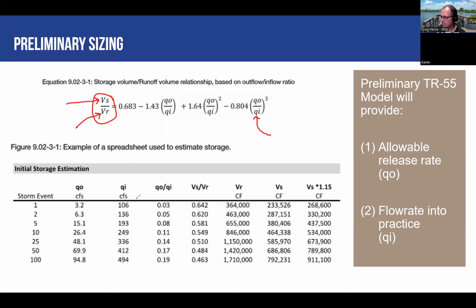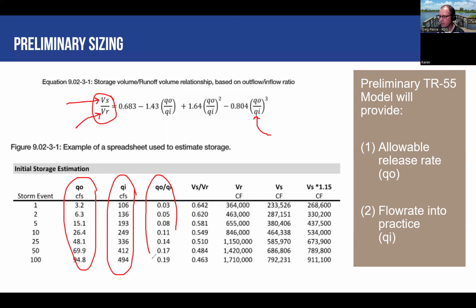Usually, a lot of times, our outflow is set by some sort of allowable release rate based on local standards. Your inflow rate is going to be the developed rate of flow coming off after development is fully complete. By dividing those two figures, you get your outflow inflow ratio. Then you plug that into the equation up here. It gives you that ratio of storage to runoff.